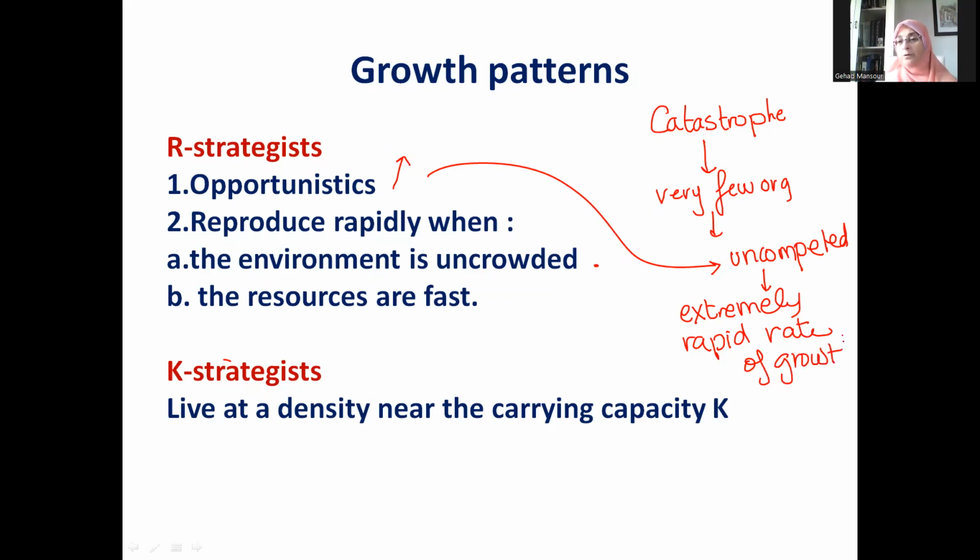Of course, if there is a catastrophe, these organisms would be capable of living. For example, if there is a fire that destroys the forest, you might be wondering how these organisms can live if all the trees have been destroyed.